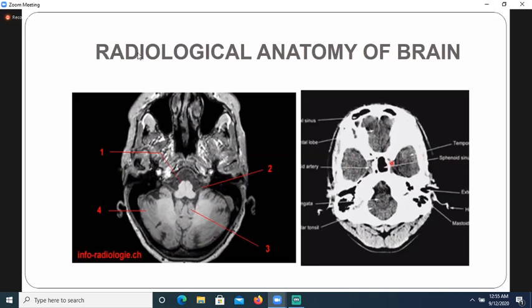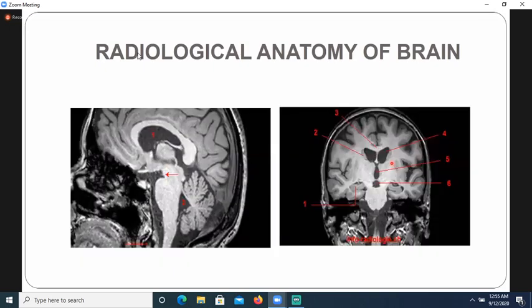Again, this is the sagittal MRI. This is the coronal MRI. In the sagittal MRI, this whole structure is the corpus callosum, and this is the body of the lateral ventricle. This is the pineal region, and this is the midbrain, pons, medulla, cerebellum. This is the fourth ventricle.